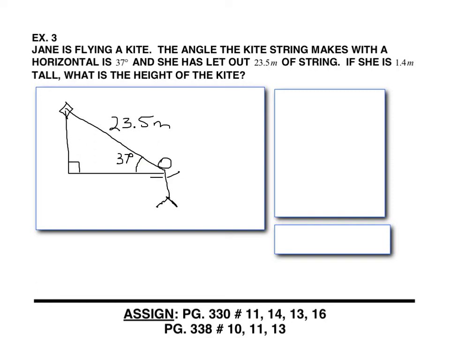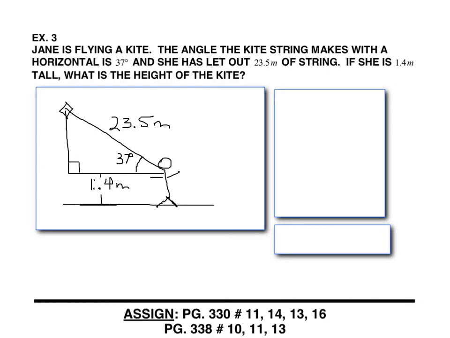And then they said if she is 1.4 meters tall, so that's assuming that she's holding the kite similar to where her height would be. That means that this height right here to the ground would be about 1.4 meters. So let's label that, 1.4 meters, from here to here. And that's the ground that she's standing on.